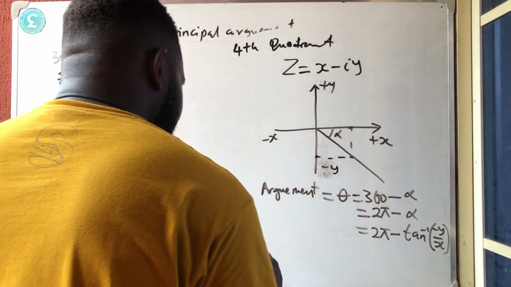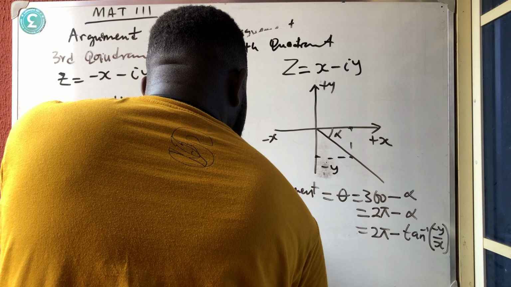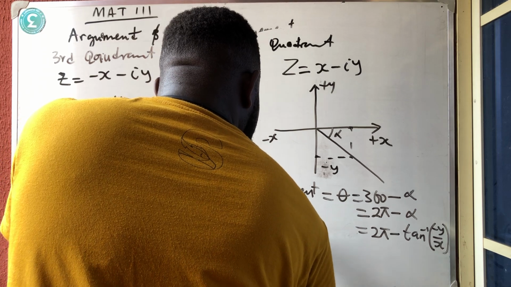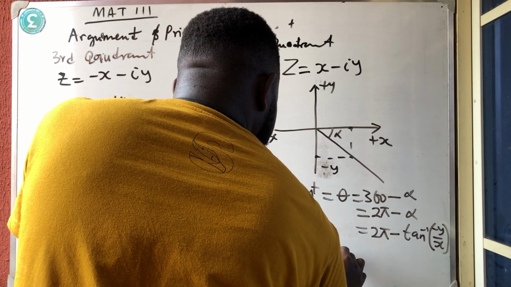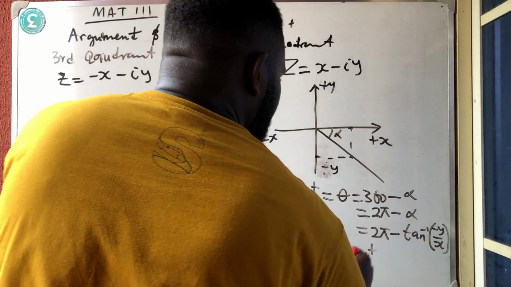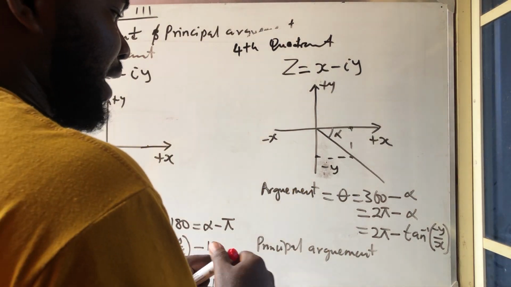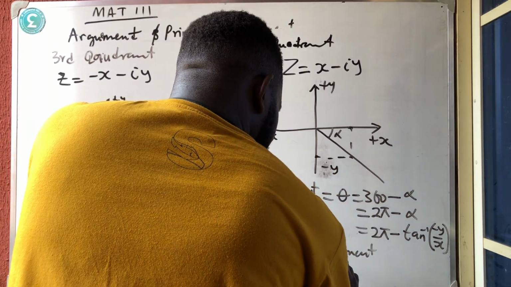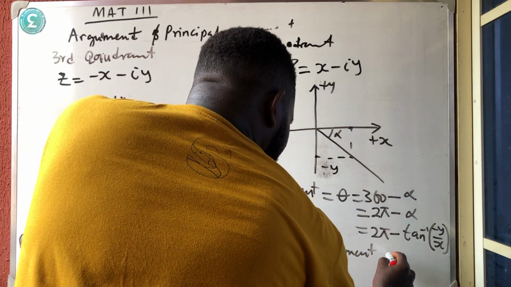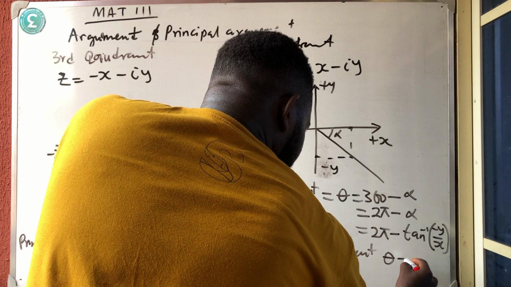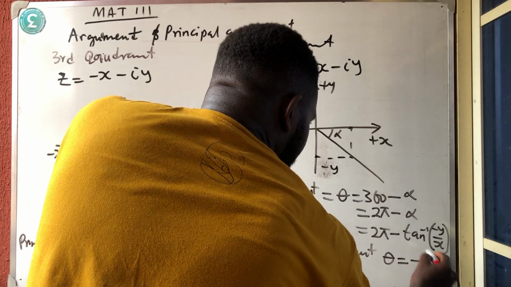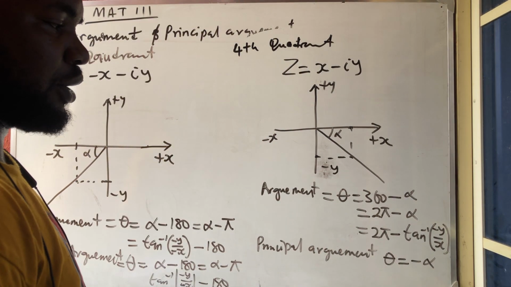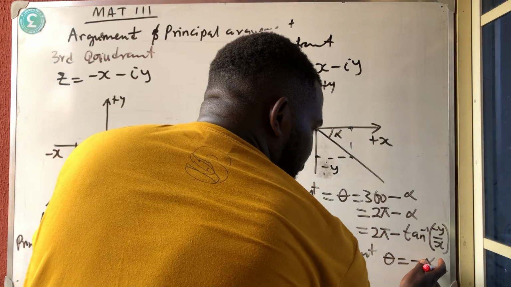But look at what happened here for the principal argument. To get the principal argument on the fourth quadrant, theta is simply equal to minus alpha. You are not doing 360 minus anything, but don't forget how to get your alpha.